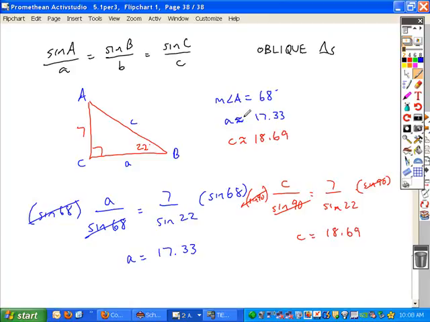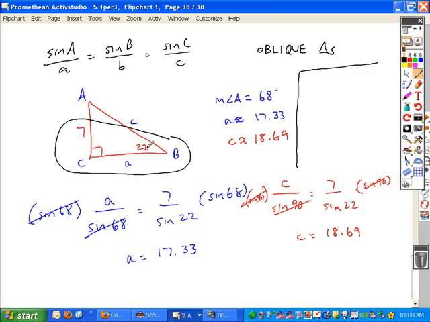And so once again, you can use law of sines for this, but there's probably an easier way. And the easier way is, because you have a right triangle, what can you use instead of law of sines? You can just use your regular trig ratios. Well, once we get one of the sides, we can use Pythagorean theorem. If we don't have this side, if we want to solve for A, what is A with respect to an angle, this angle of 22 and this side of 7? You have an angle, you have the side opposite, and you have the side adjacent. So can you use a trig ratio for that?